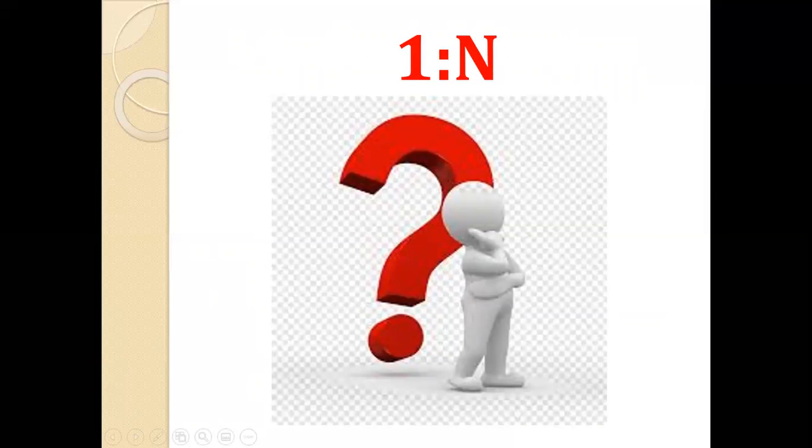Now 1:n. Can you guess where we can form a 1:n relationship? If I take employee and project, one employee can work on n number of projects. Okay, so that is 1:n. Then n:1.